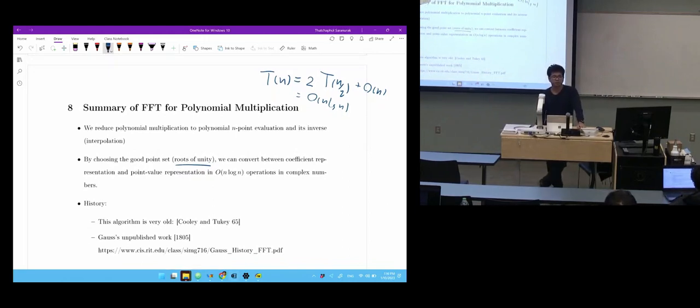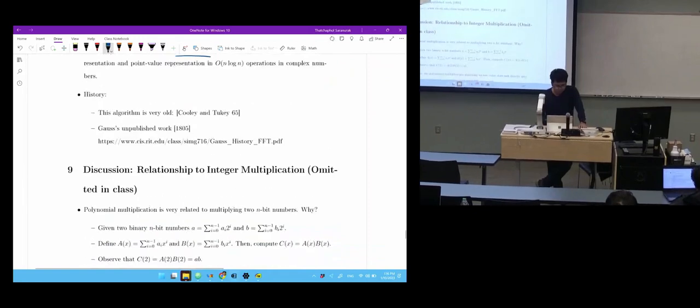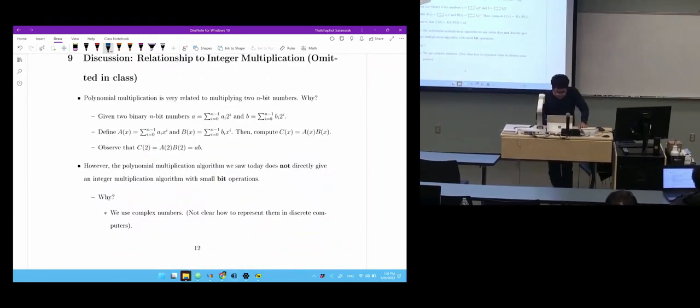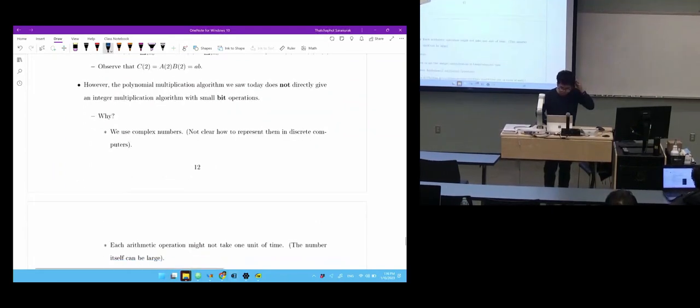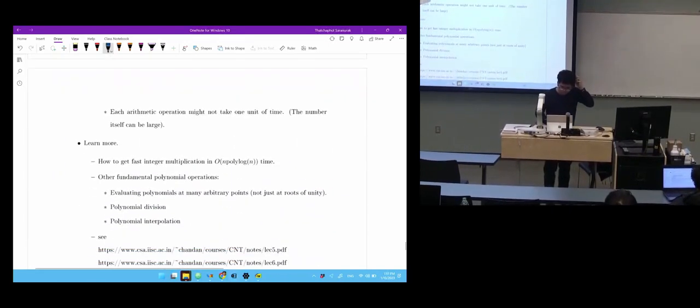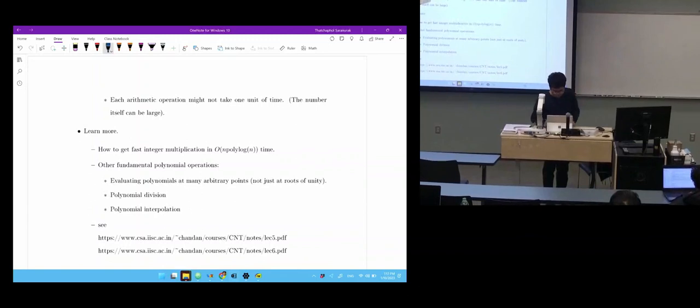Questions about this? I'm assuming there are other practical uses of the roots of unity, in which case, where should we go to learn more? Yeah, very good. So exactly what I put here. If you want to learn more, for example how to avoid using complex numbers, these are good lecture notes to look at.